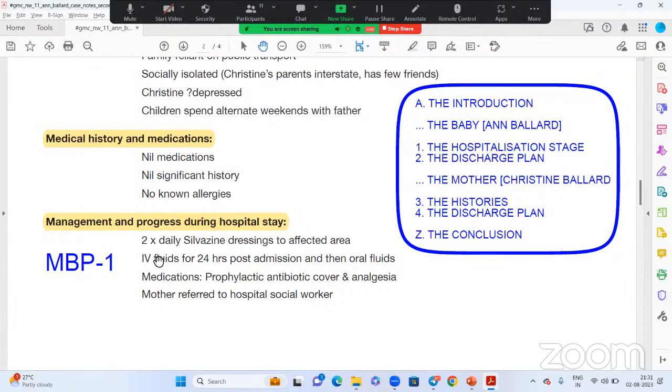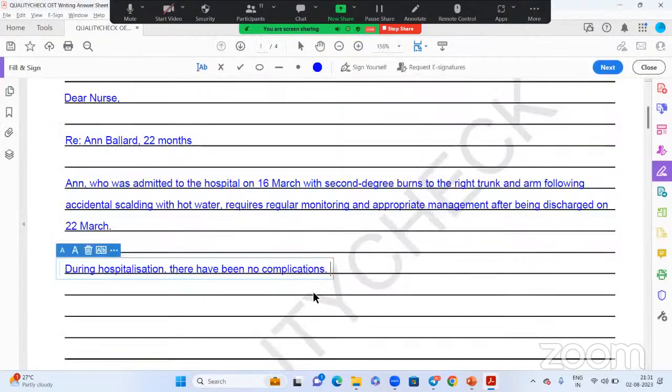Okay. So here, twice daily silvazine dressing changes to the affected area. So, continuation to the second sentence.